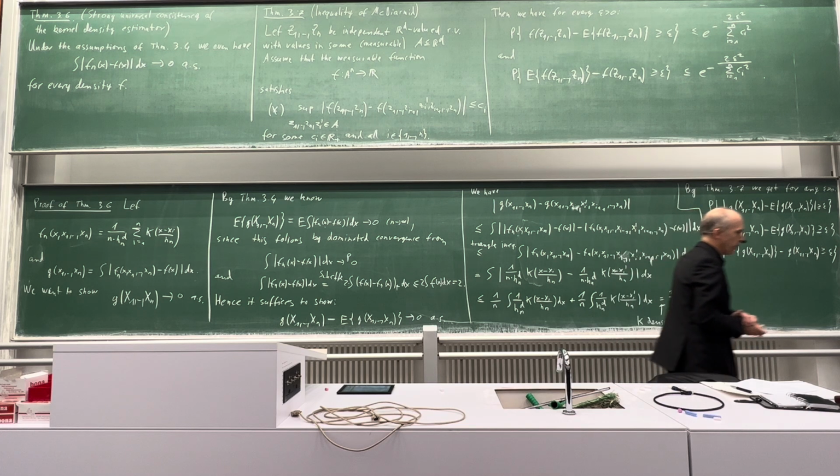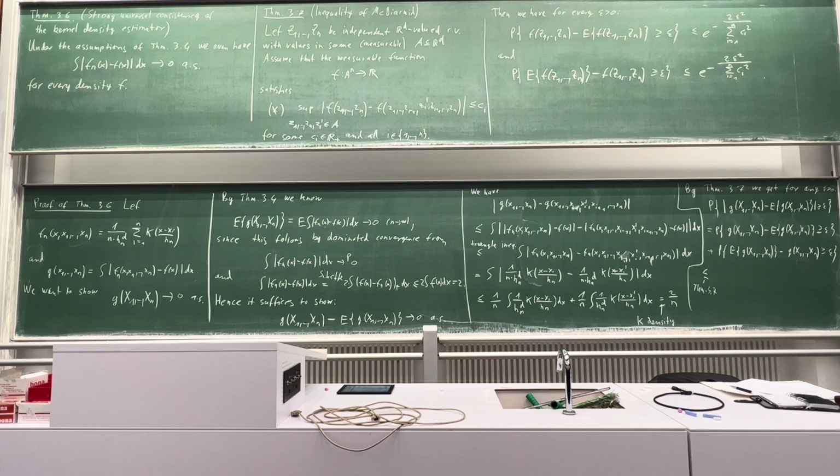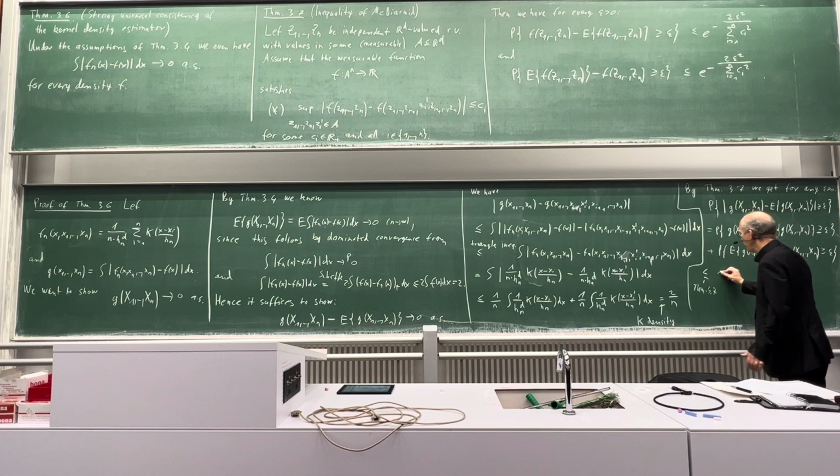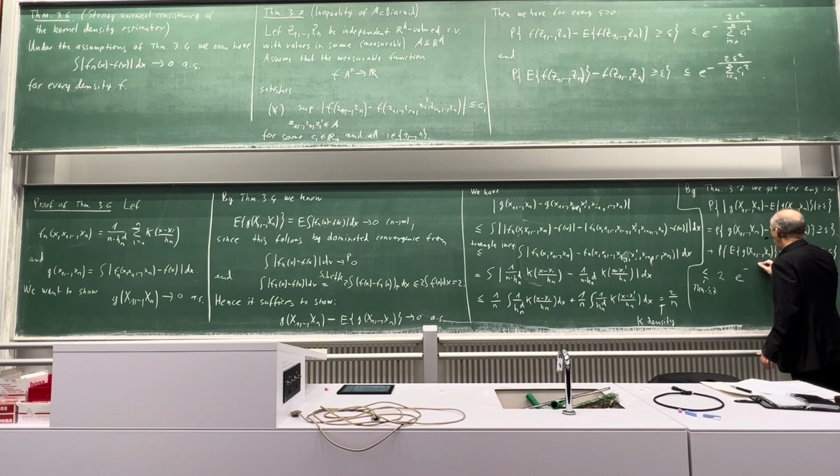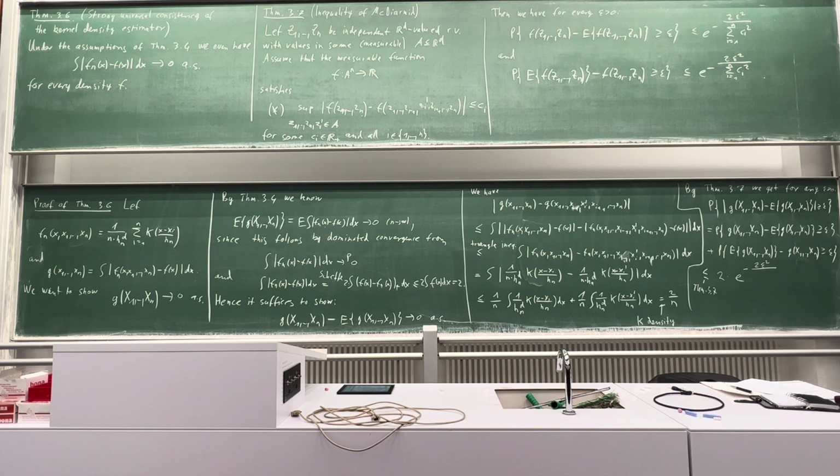Both terms are bounded by an exponential term, so I get 2 times e to the power minus 2 times epsilon squared over the sum for i equal 1 to n of Ci squared, and Ci squared is 4 divided by n squared.